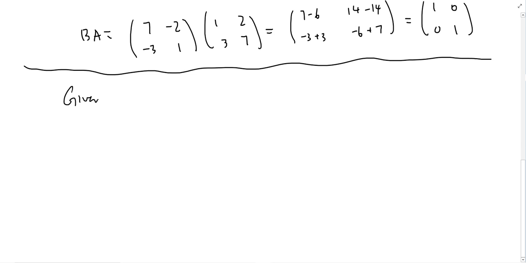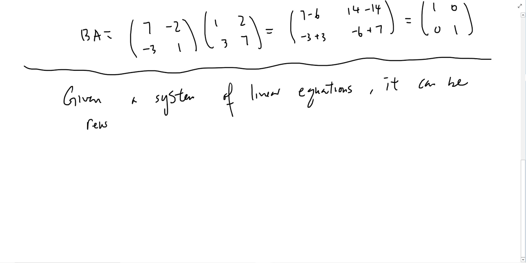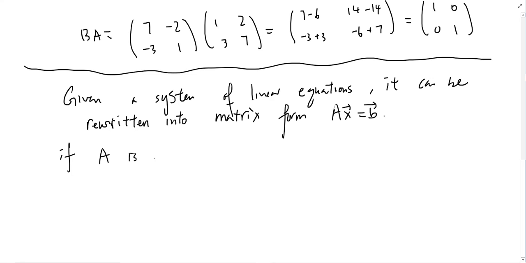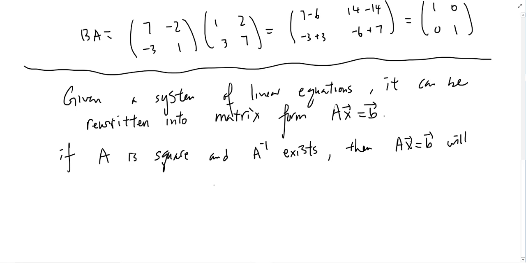So recall, if you're given a system of linear equations, it can be rewritten into matrix form, which is A vector X equal to vector B. Now, if matrix A just so happens to be a square matrix and A inverse exists, then this equation A vector X equal to vector B will have a unique solution given by the following method.